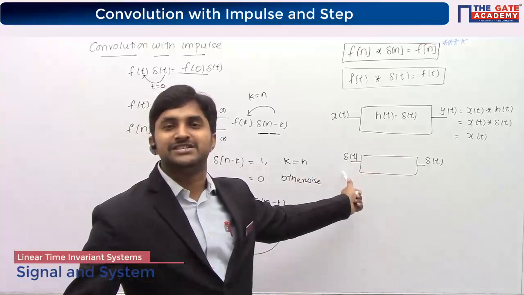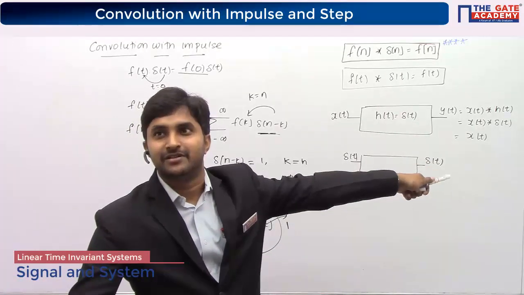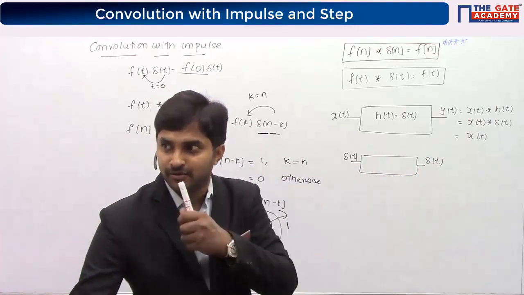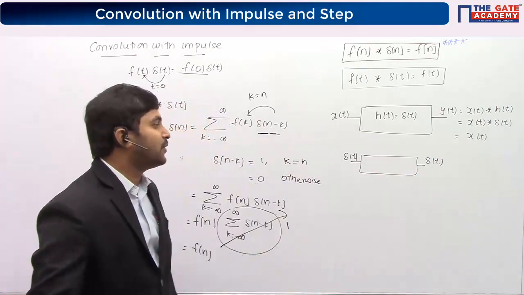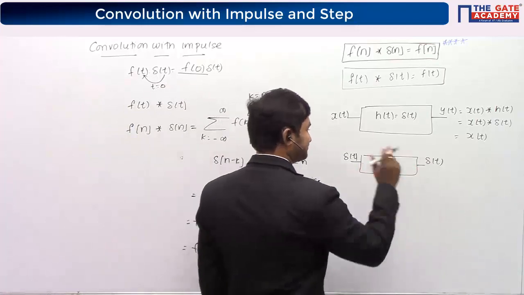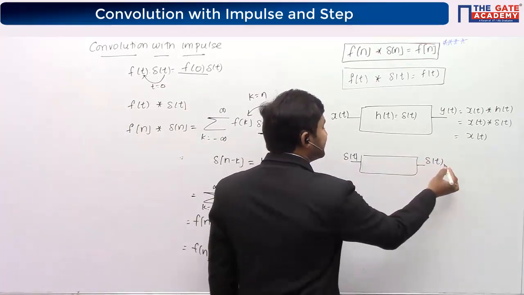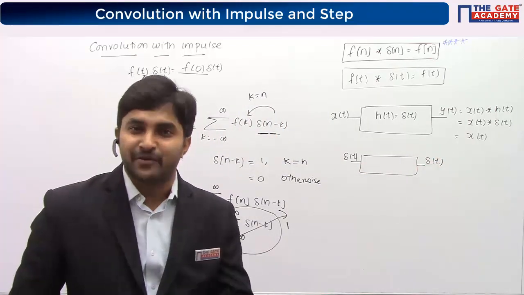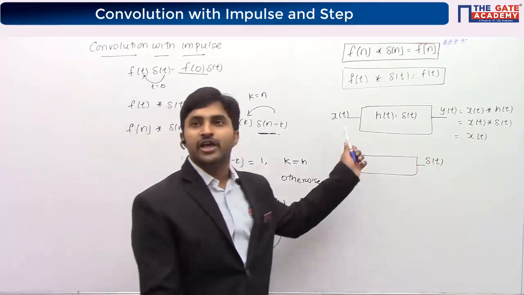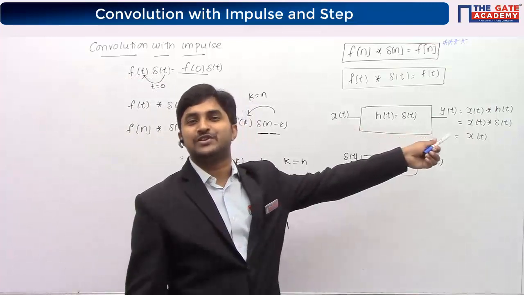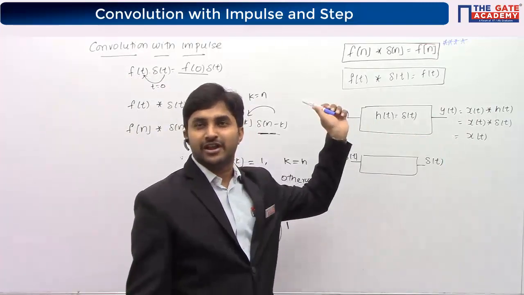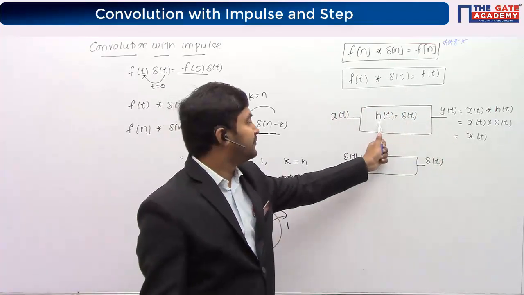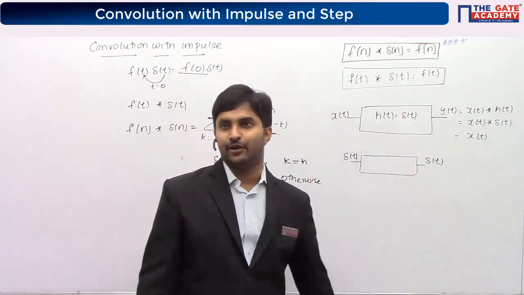If the input is an impulse, the output is also an impulse. The impulse response is an impulse. Right? So it means that the system is not doing anything. It's a buffer. So therefore, if you are applying x of t, the output is also x of t. Right? So therefore, h of t is going to be equal to del of t.